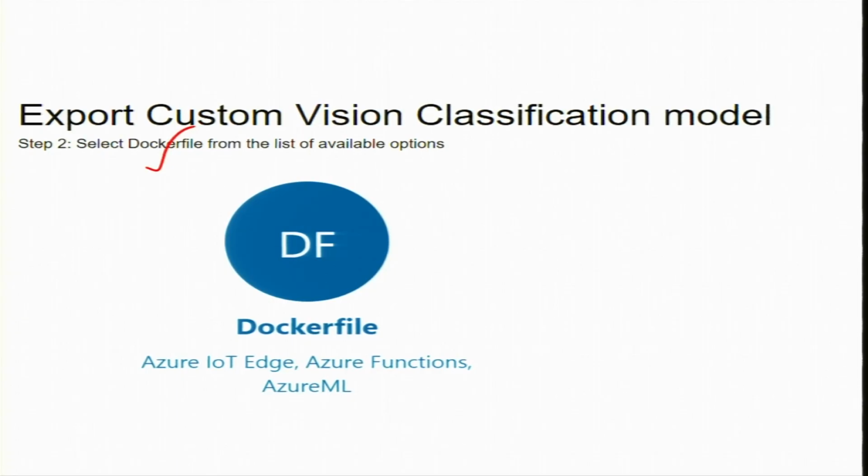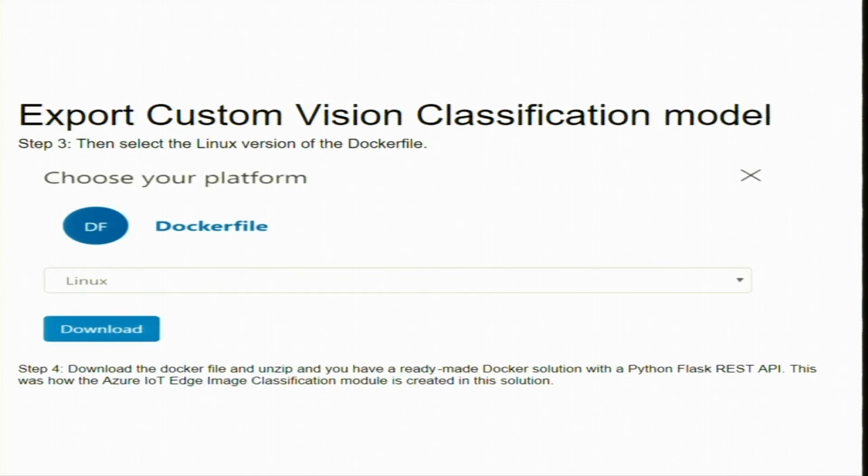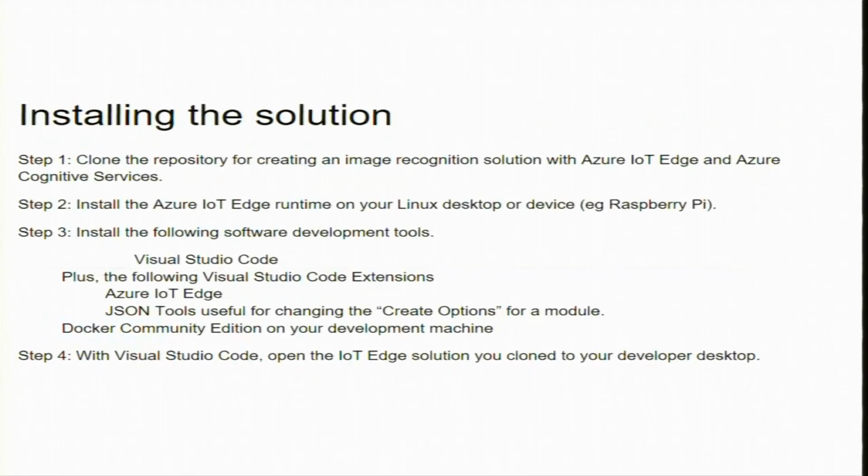You have to containerize this trained model on the cloud and then deploy it on the edge. That is the next step. Once it is containerized, you download it and it will be shipped or deployed to the IoT edge, which is nothing but the Raspberry Pi board, registered with the Azure IoT Hub.